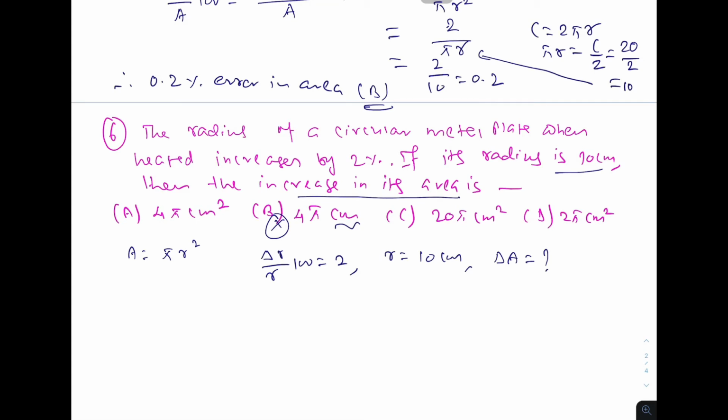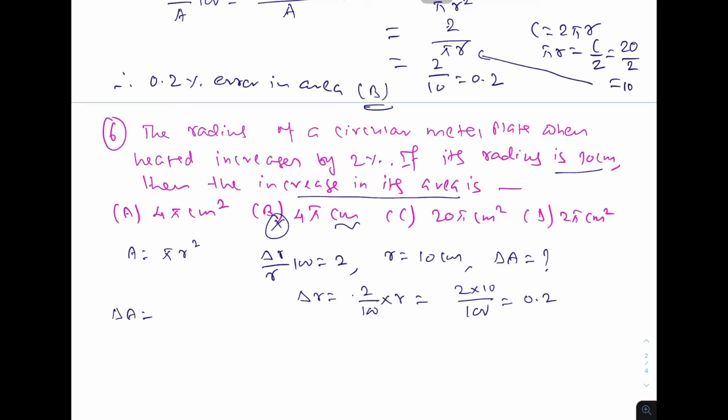Now so delta r equal to 2 by 100 into r, and r is 10, so 2 into 10 by 100, and so that is nothing but 0.2.